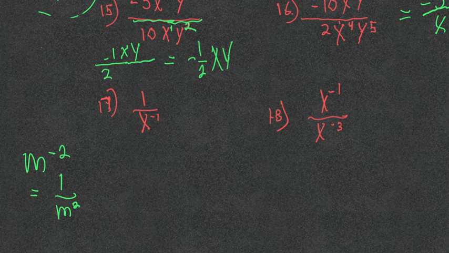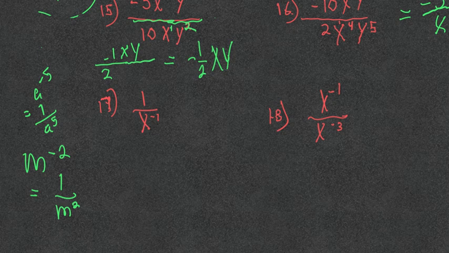You can look it up if you need to, but it's one of the rules to remember that when you have a negative exponent, it's 1 over the positive exponent. Let me say, a to the -5 is the same thing as 1 over a to the 5th power. And you're going to use that a lot.